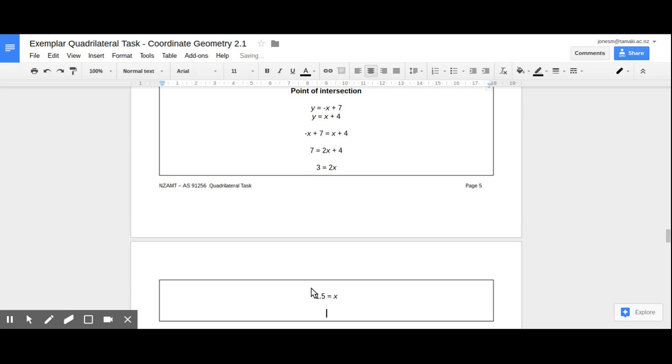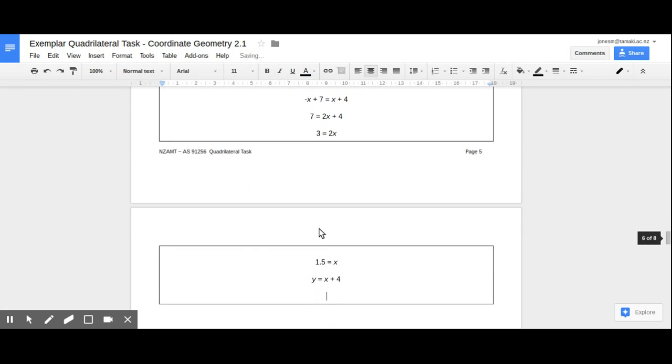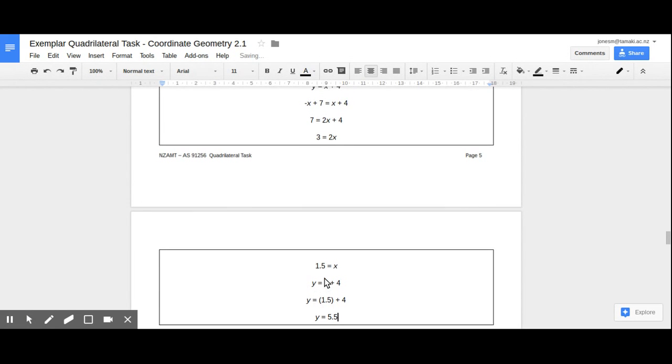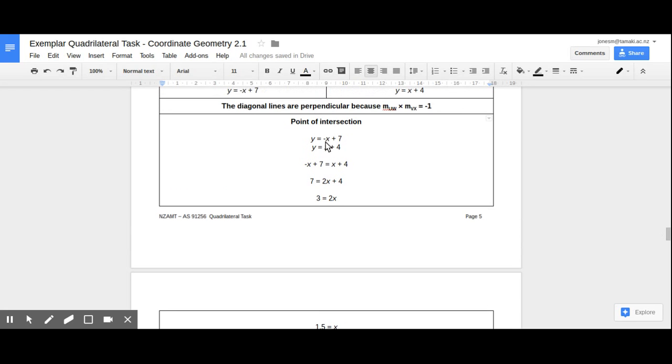Now, if x is equal to 1.5, for our y, we can choose y equals x plus 4. We can substitute in there. So then our y is going to equal 1.5 plus 4, so our y is going to equal 5.5. I chose y equals x plus 4 because that looked easier than going negative x plus 7.